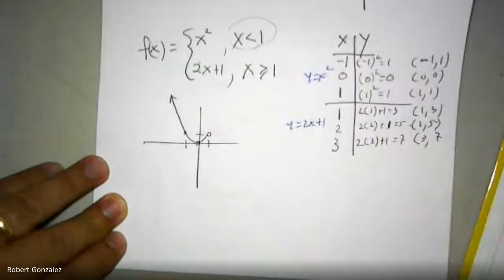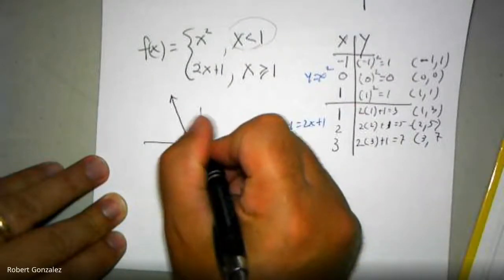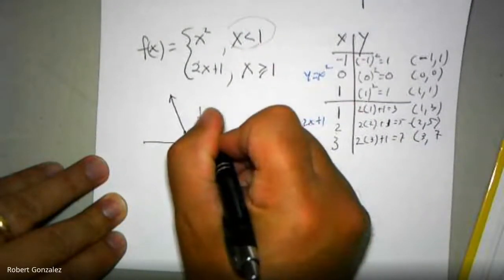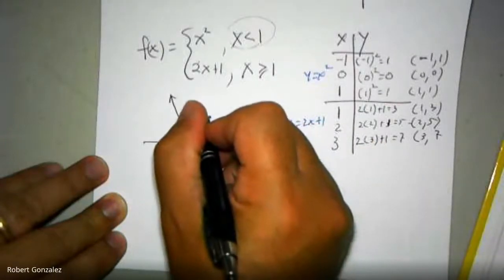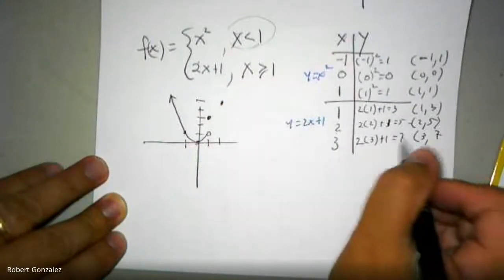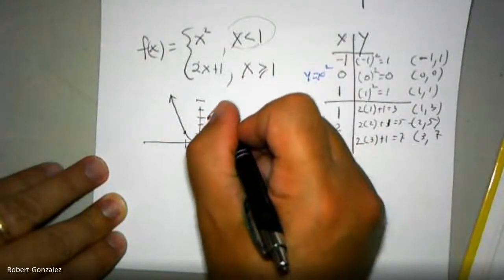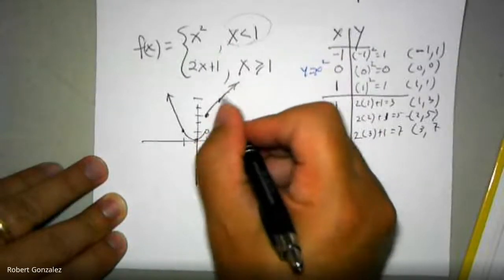Over here now, I'm going to have 1, comma 3 with a closed circle. 2, comma 5. Oh, it's climbing. And I don't even want to do the next one. I know this is a line. I just do a line up to the side. This is our piecewise function graph.